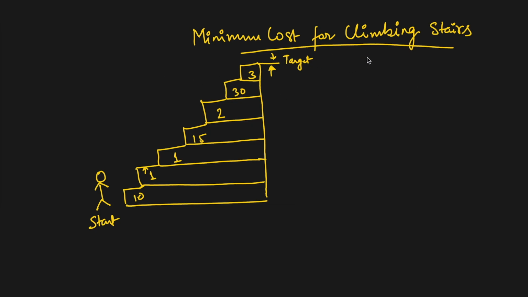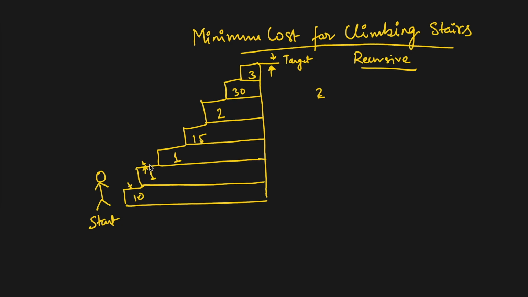So first we'll see the recursive approach. Okay, so at every step we have two options. We can go to the first stair or second stair, right? Let's say if we are at 10, we have two options.